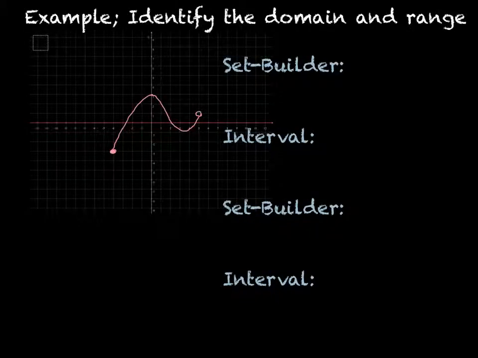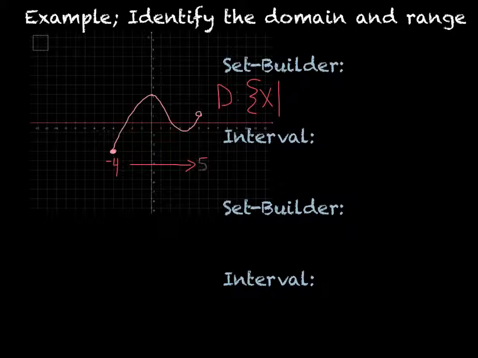For this next example, we have endpoints, so we are not continuing on forever in either direction, domain or range. So we're going to have to be careful on both of them. So my domain for set builder notation is the set of all x's such that, what are the possible x's it could be? Well, it could go all the way to negative 4 here, and it goes up to 1, 2, 3, 4, 5.